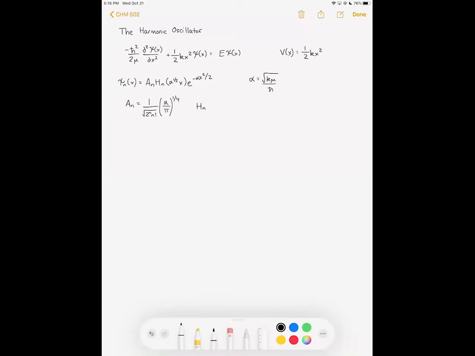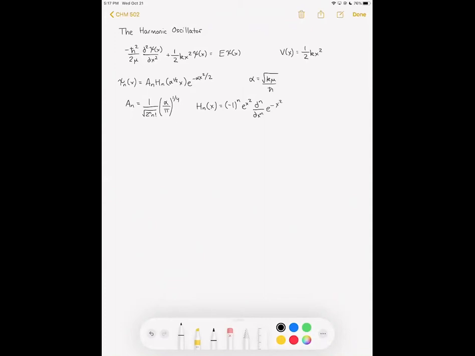So H sub n are the Hermite polynomials. So this is a polynomial series that takes the form minus 1 to the n times e to the x squared over 2, and then we multiply that by the n derivatives of e to the minus x squared over 2.